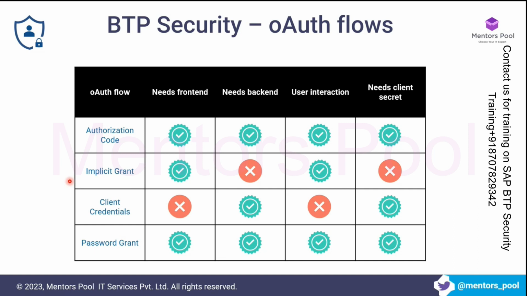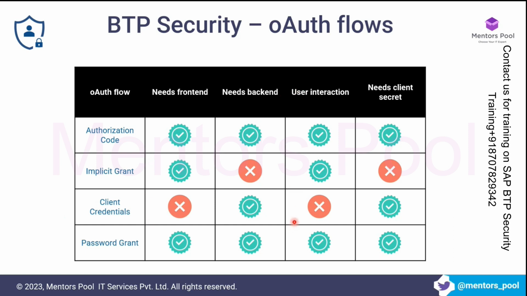Okay, next is your client credentials flow. Client credentials is also a very important and very well used flow of OAuth. If you follow this diagram, it says it needs front end? No. It needs user interaction?